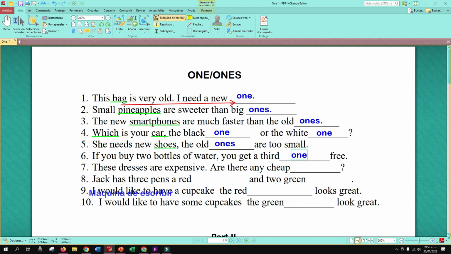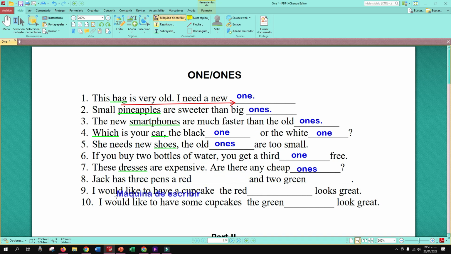Seven. These dresses are expensive. Are there any cheap ones? Ones. Perfect. Why? You're talking about dresses, right? That is plural. These dresses are expensive. Are there any cheap ones?